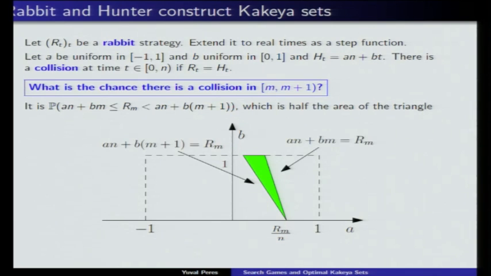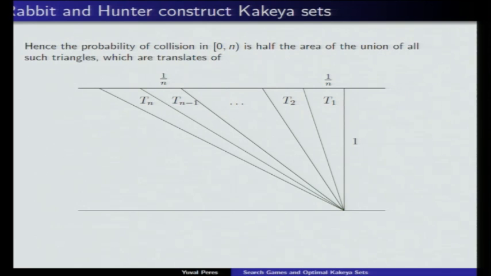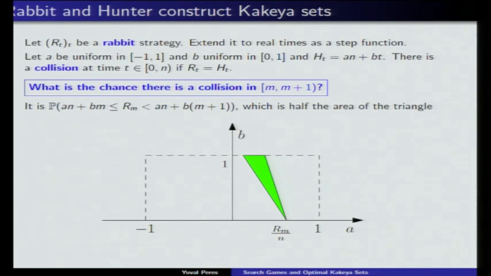So if the rabbit was staying in place, then you'd get exactly n triangles of this form. They all have base 1 over n, and they just tile a right 1 by 1 triangle. But this is if the rabbit was staying in place the whole time. The rabbit can move, and his movements correspond to moving these triangles, because again, in this picture, the base of the triangle is Rm over n.